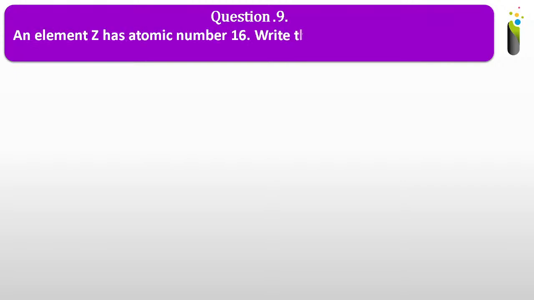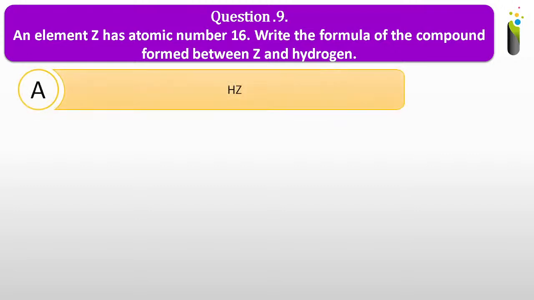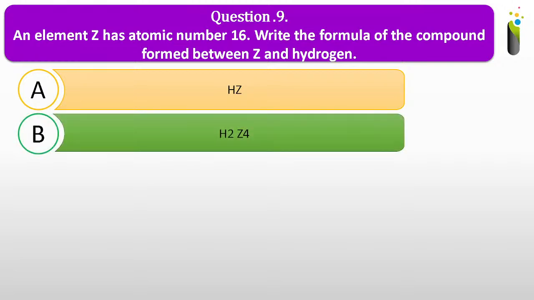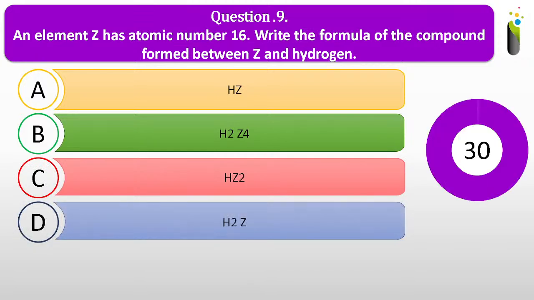An element Z has atomic number 16. Write the formula of the compound formed between Z and hydrogen. The options are A. HZ, B. H2Z4, C. HZ2, D. H2Z.